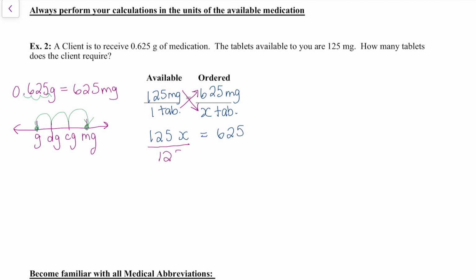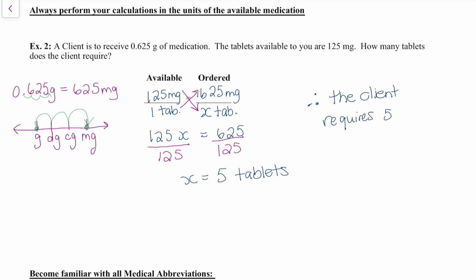So I'm going to divide by 125, and I get x equals 5 tablets. So therefore, the client requires 5 tablets.